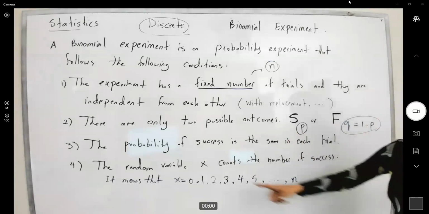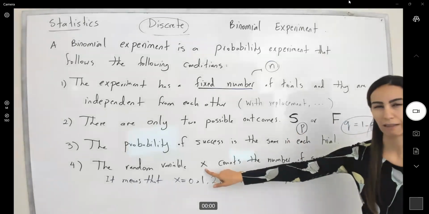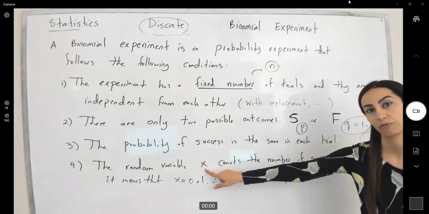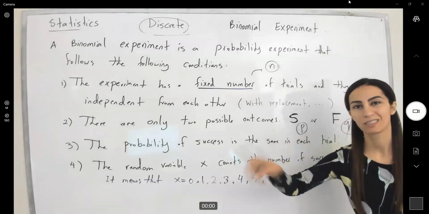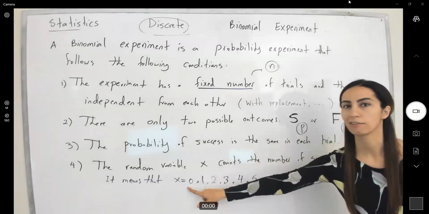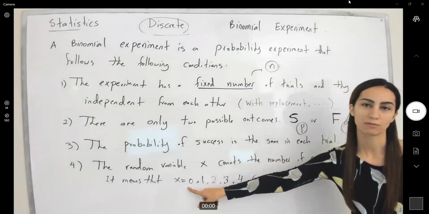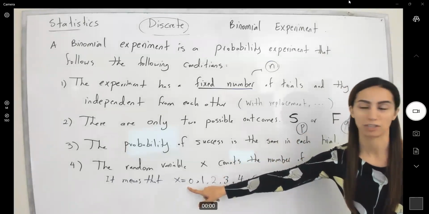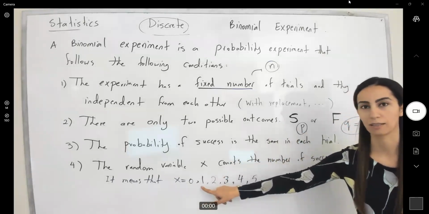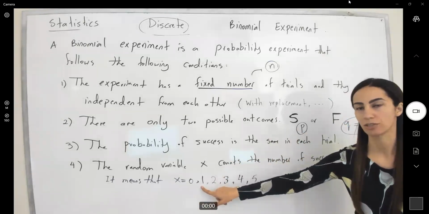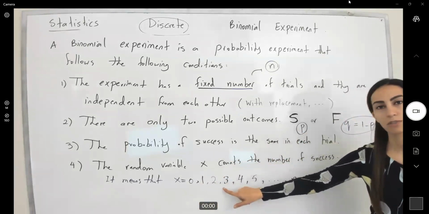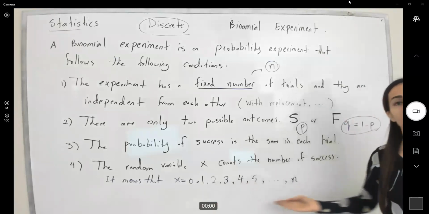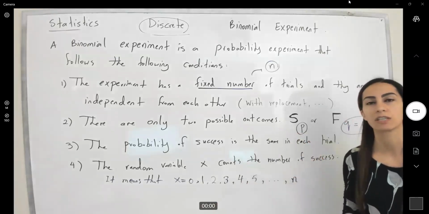Then the discrete random variable X counts the number of successful surgeries. 0 success means that surgery wasn't successful on any of the patients, unfortunately. 1 means that you had just 1 successful surgery. 2, 3, 4 successful surgeries, or 10, which means that all of those surgeries were successful.